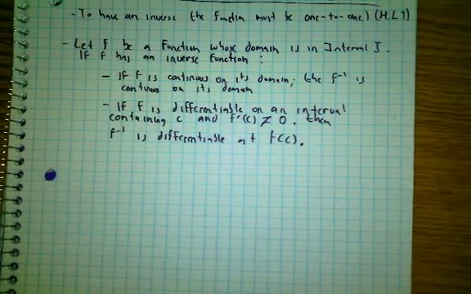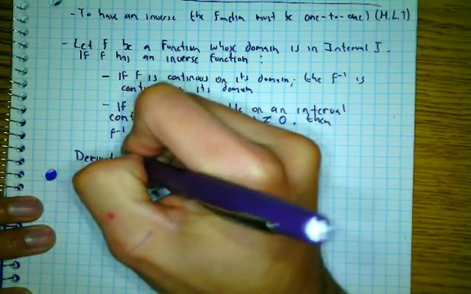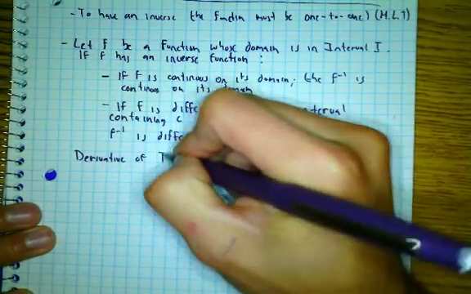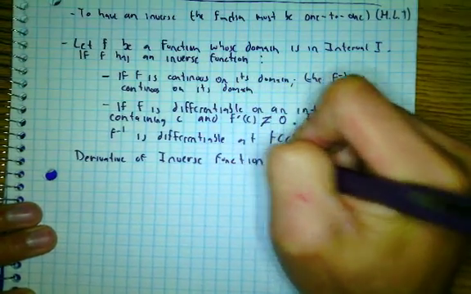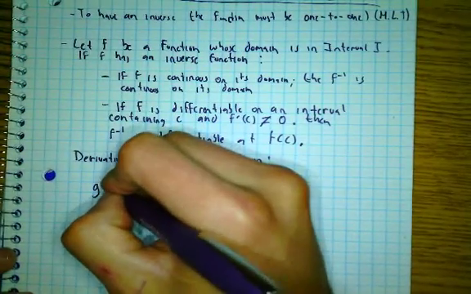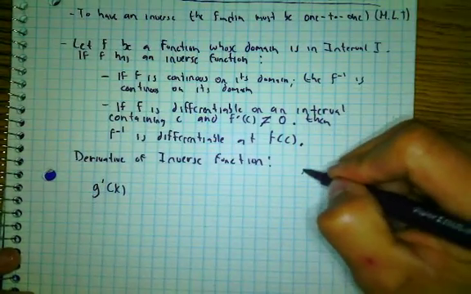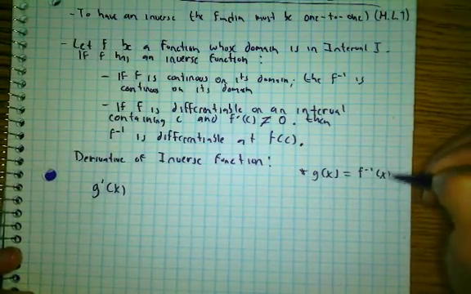So here's the rule. Derivative of an inverse function. We're going to pretend that this is the inverse function, so you can give yourself a key. We're going to say g of x is the inverse function. You guys okay with that?